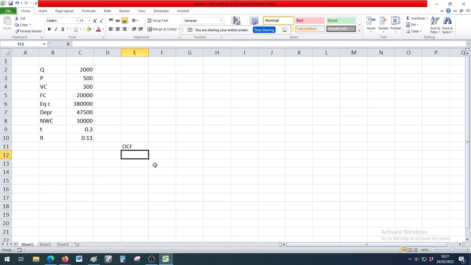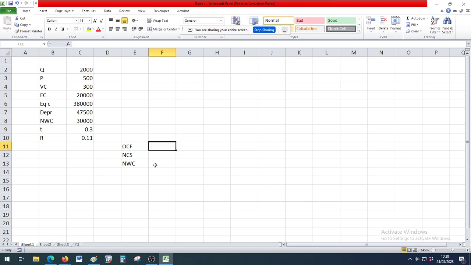Then the cash flow from selling and buying long-term assets, that's net capital spending. And cash flow from buying and selling short-term assets, that's net working capital. That's all, okay? So for operating cash flow, that's EBIT, right, plus depreciation minus tax.